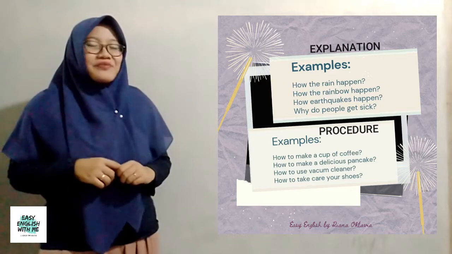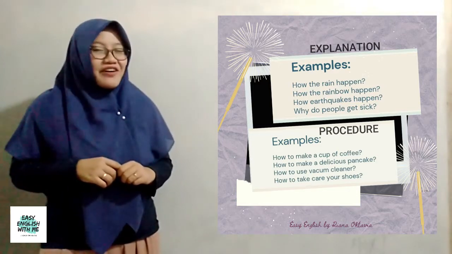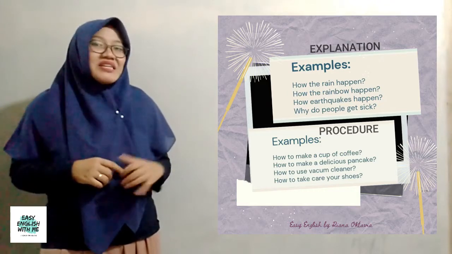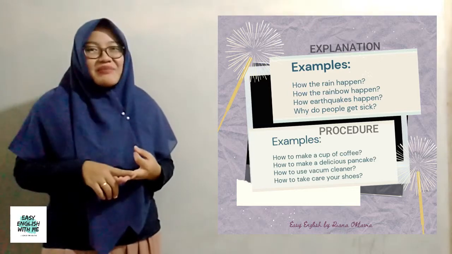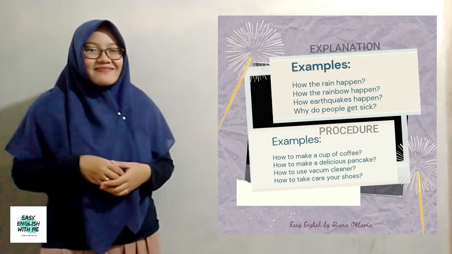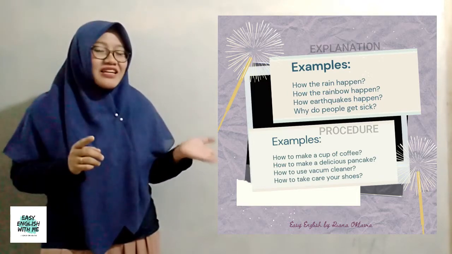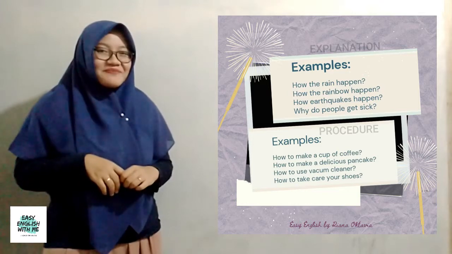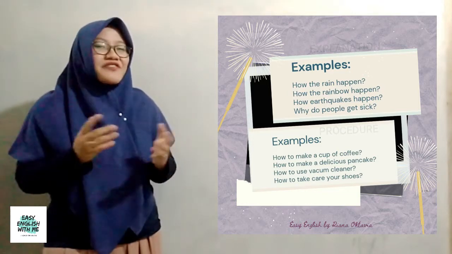One example of procedure text is how to make a cup of coffee. So, you need some materials, ingredients, and also steps about making coffee. Can you see the differences between explanation and procedure text? Hopefully, you can find it.